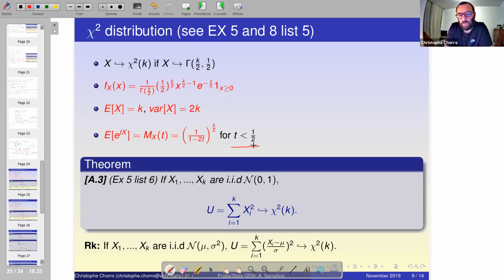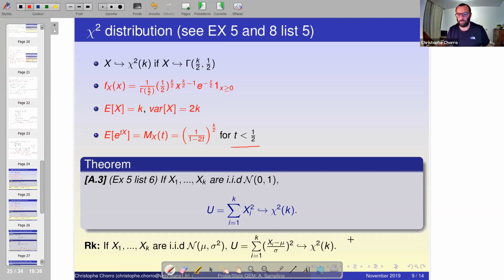And of course, from this result, from this theorem A3 that we have already proved together, I can apply it to the case of Gaussian random variables that are not centered because it's sufficient to make them centered, okay? So you have exactly the last line, that tells you that if you have independent N(mu, sigma squared), if you do the sum of these squares here, you obtain a chi-square.